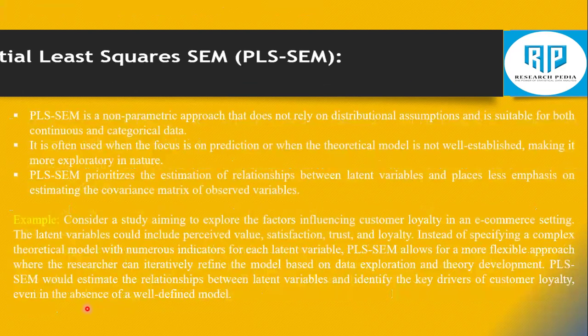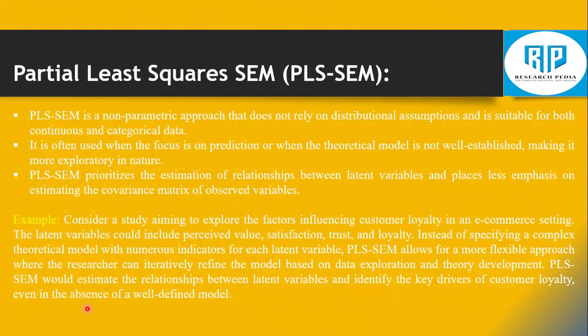So next is basically the partial least squares SEM, which is PLS-SEM. PLS-SEM is a non-parametric approach that does not rely on distributional assumptions and is suitable for both continuous and categorical variables. So if you have a categorical variable, you need to use PLS-SEM.